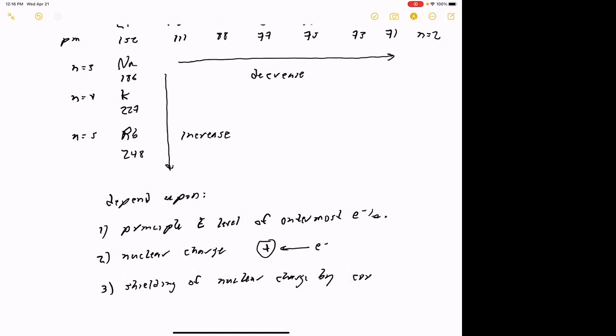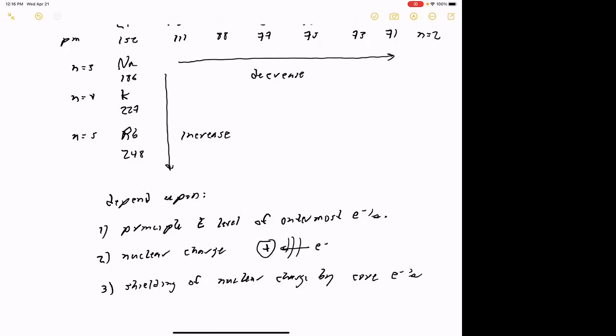Remember what core electrons are. Those are the ones that are in the inner energy levels, because once we get to that outermost principal energy level, those are the valence electrons. But if you think about it, going back up to my little diagram, I'm introducing levels of electrons in here, core electrons.